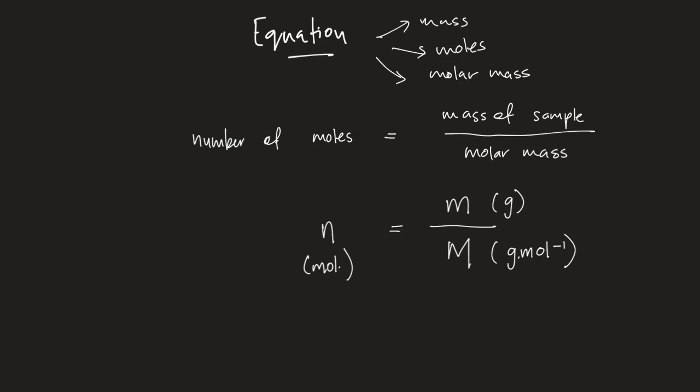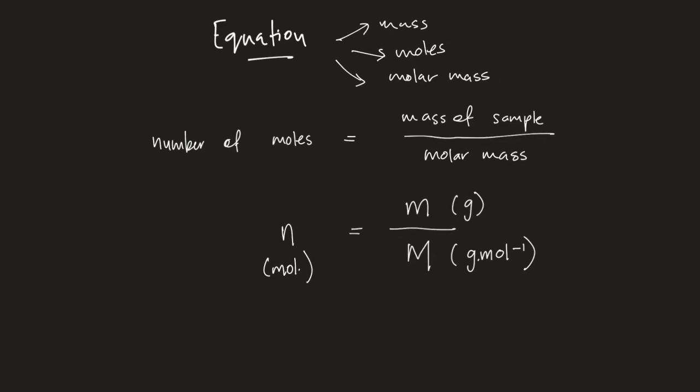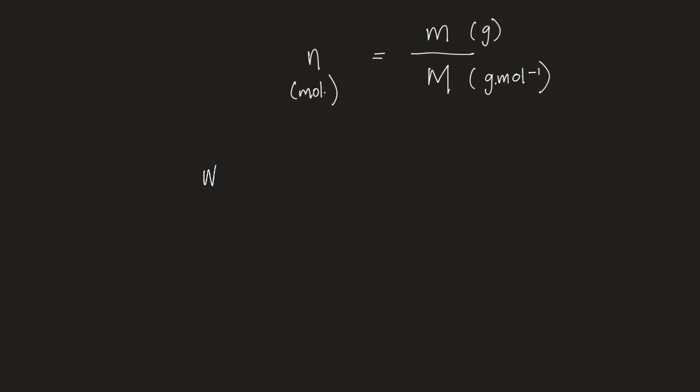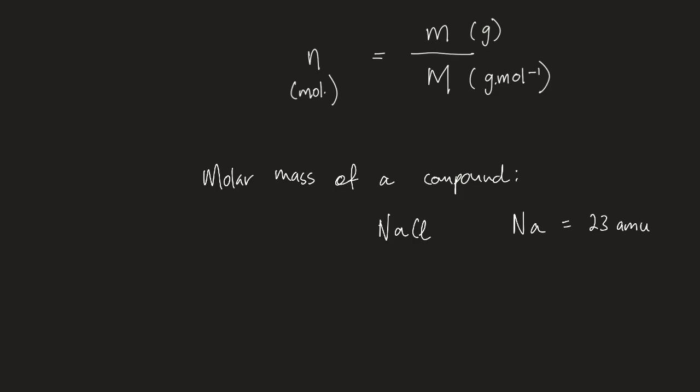Now, I showed you the molar mass of atoms. If I want the molar mass of a compound, it works a little bit differently. So if I had NaCl, for example, then I would say sodium's mass is equal to 23 AMU, and chlorine's mass is equal to 35.5 AMU.